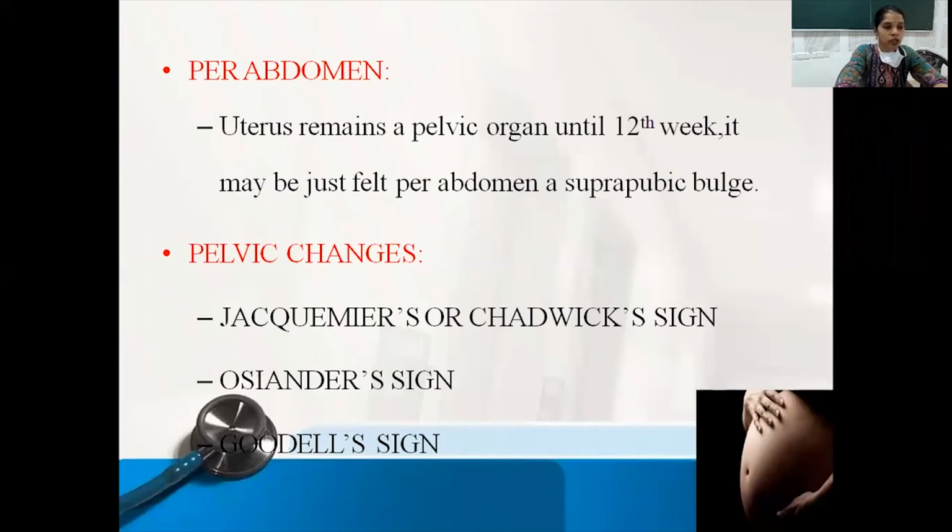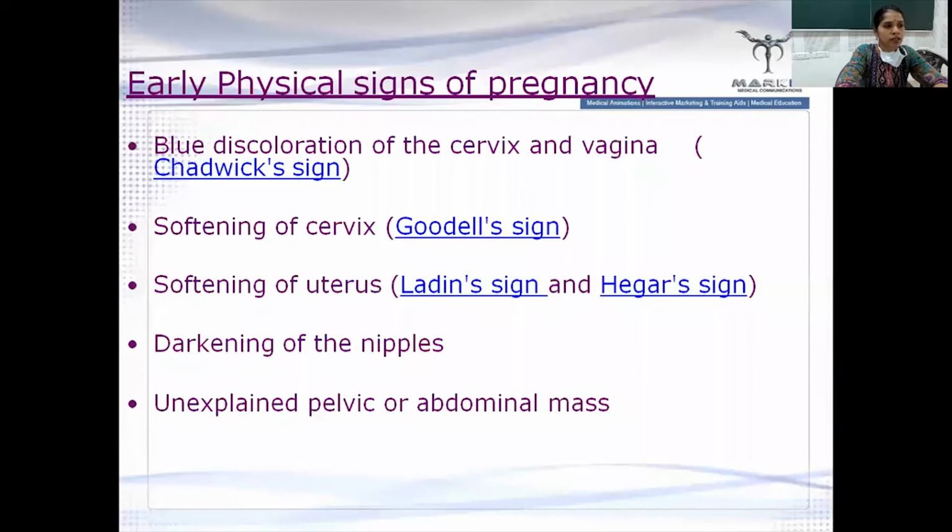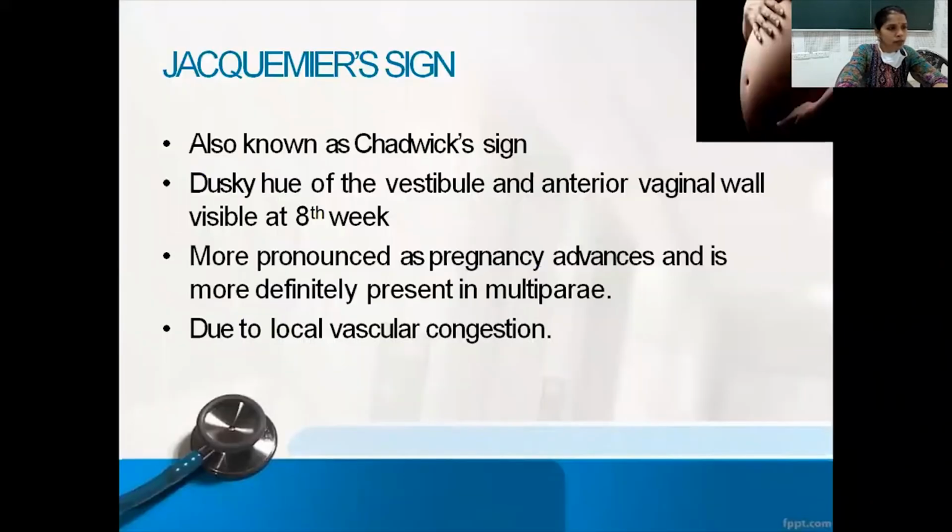Jacquemier's sign, Osiander sign, Goodell sign: these are the early physical signs of pregnancy. Bluish discoloration of the cervix and vagina is called Chadwick's sign. Softening of the cervix is called Goodell's sign. Softening of the uterus is called Hegar's sign or Ladin sign. Then the darkening of nipples, and unexplained pelvic or abdominal mass.